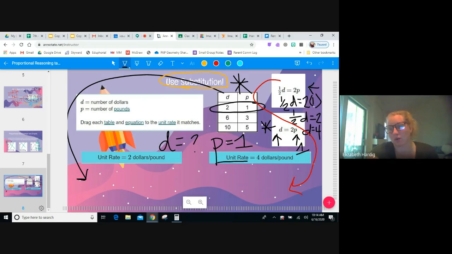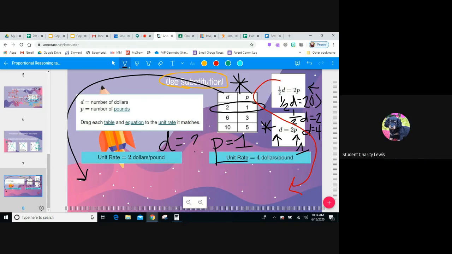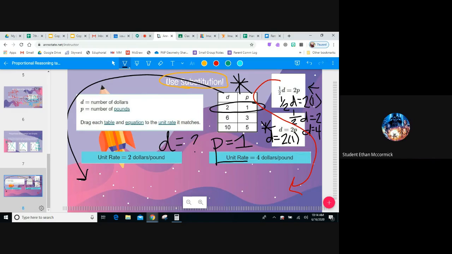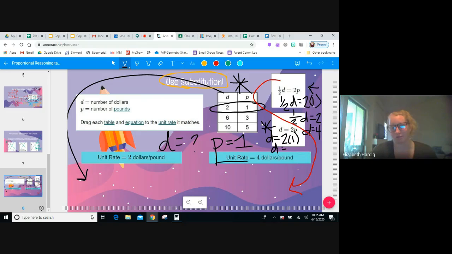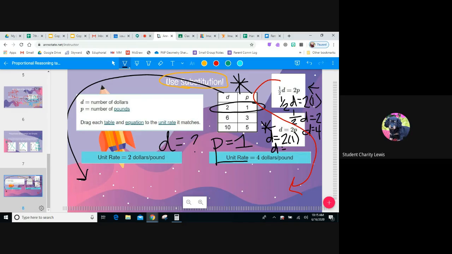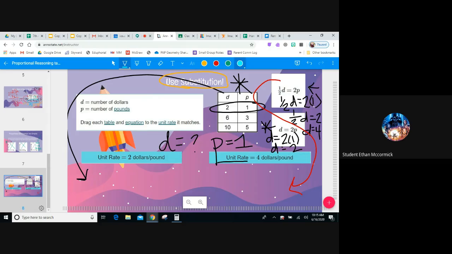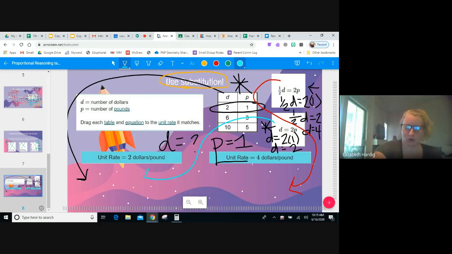So what number is going to go in for P? Oh, P is supposed to be 1. So D will equal 2 times 1, because I want to find the dollars for only 1 pound. That D is actually just equal to what? 2. So then which unit rate will that one go with, the left or the right? Oh, it'd go to the left. Good. I'll go over there.